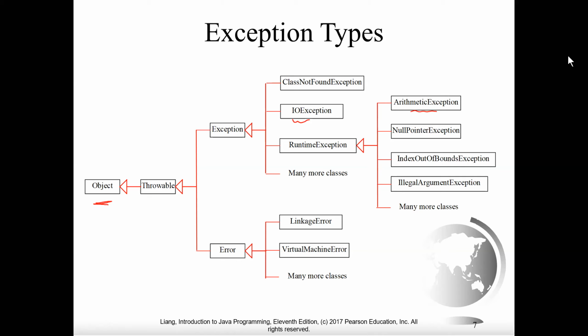From Object, then we have Throwable. And under Throwable, we have two categories: Error and Exception.